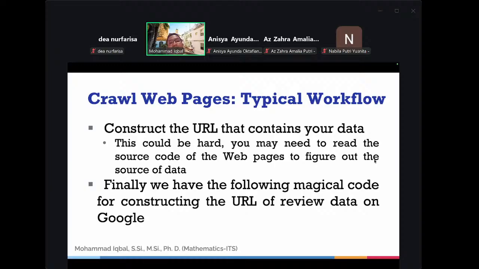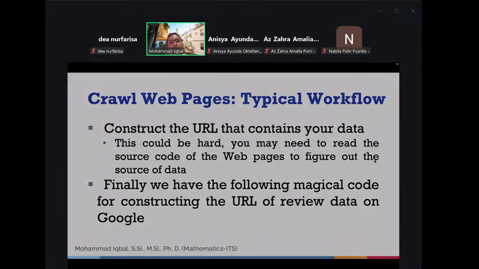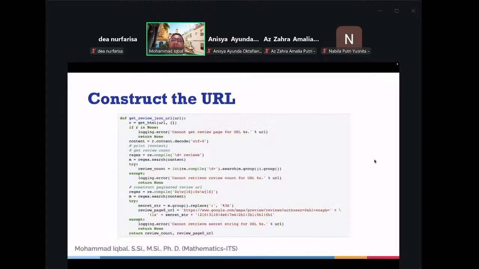And finally, we have the following magical code for constructing the URL of review data on Google. So somehow, it's kind of a tricky one that we should do. When I was in my PhD, I needed to make a bunch of Gmail accounts and then make this kind of URL and put in the API key, and then we can play. We can retrieve the data set that we want.